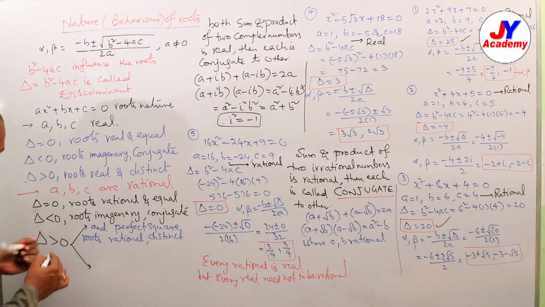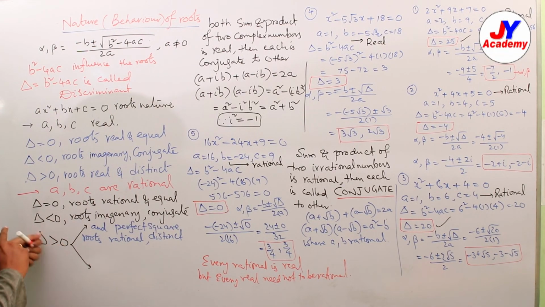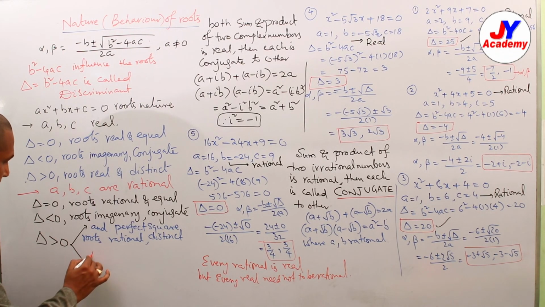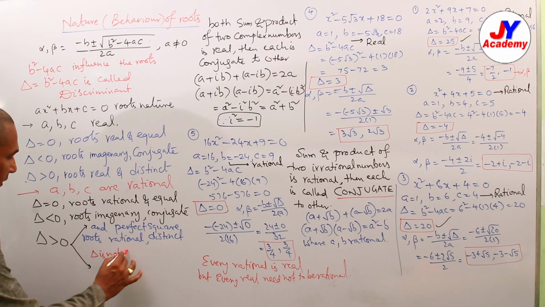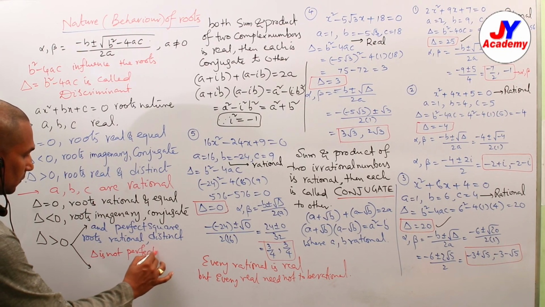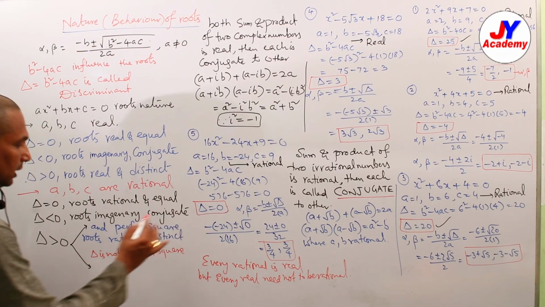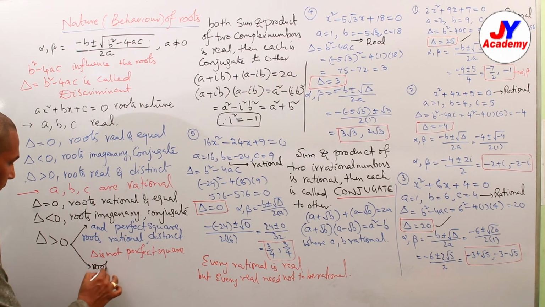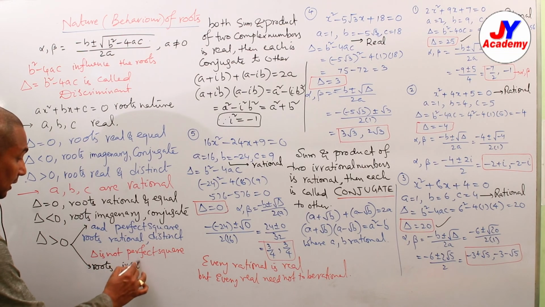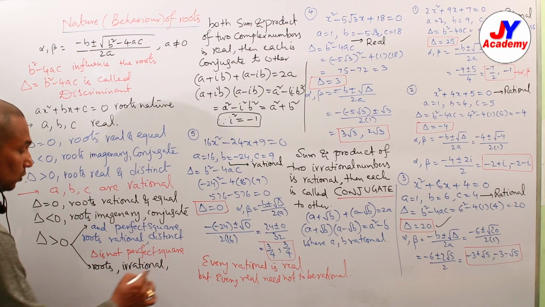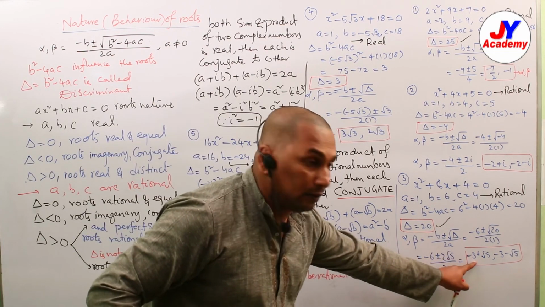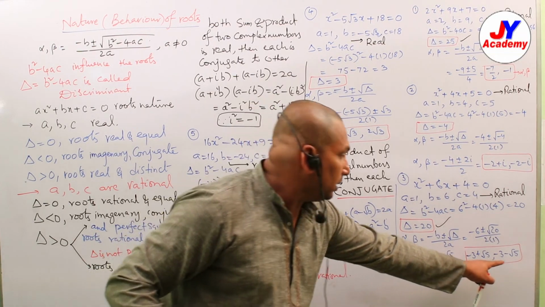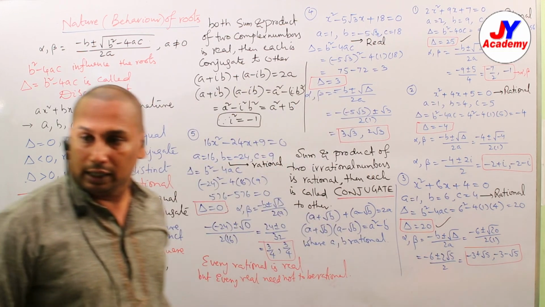Suppose delta is not a perfect square, then roots are irrational. Root 5 is irrational. Root 5 plus rational is irrational only. Root 5 minus rational is irrational only.